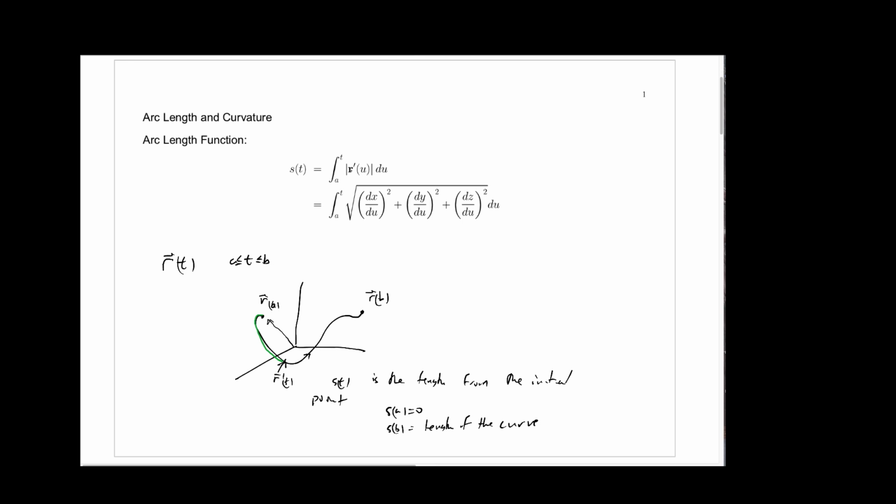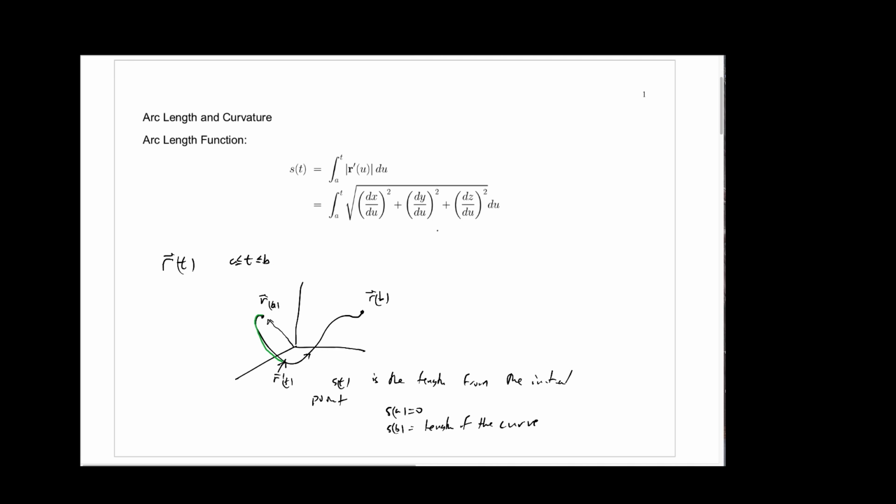Of course, the length of r prime of u is just given by this familiar expression now, the square root of dx du squared plus dy du squared plus dz du squared. We're using u here as our parameter instead of t because our variable t now is in that upper limit.